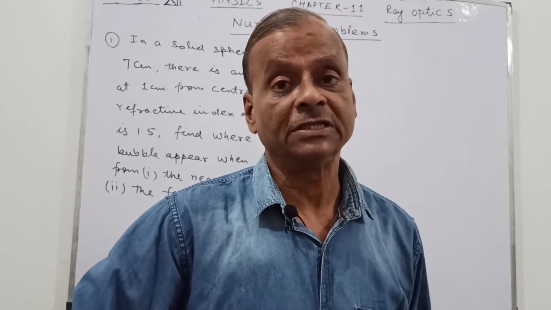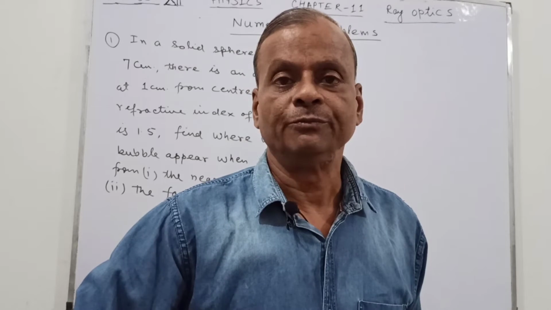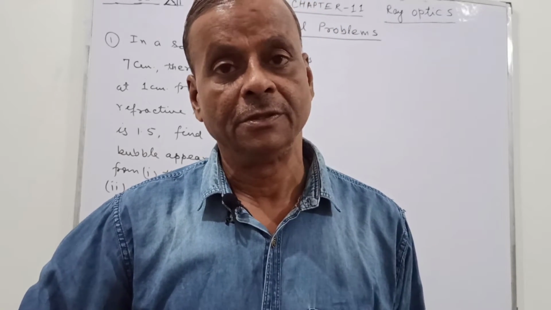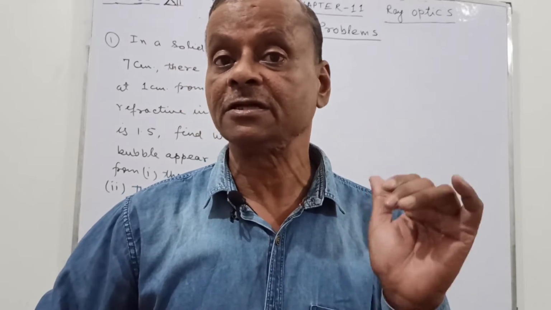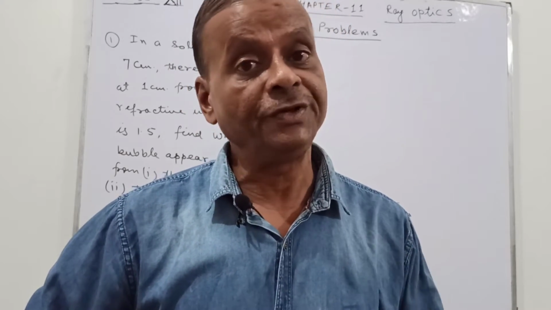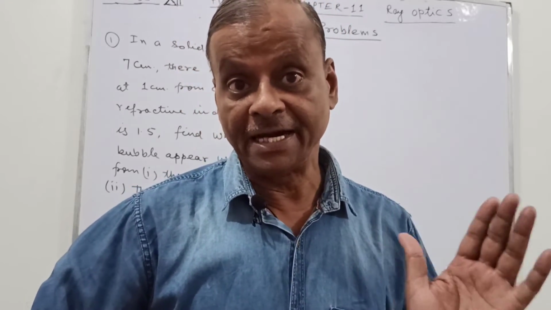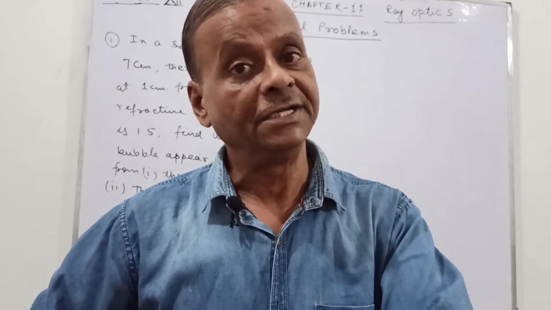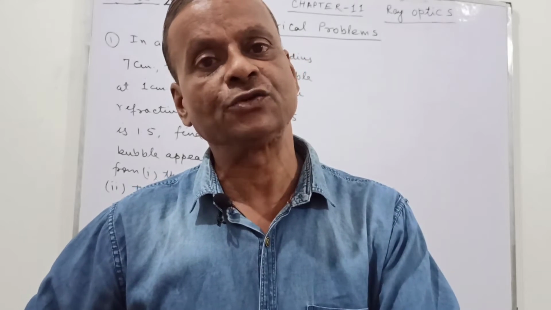So this question is directly related to the refraction of light through a spherical surface. But here the problem is just reverse. There we studied the light ray going from air to glass. Now here it is just opposite. The light ray is going from glass to air.